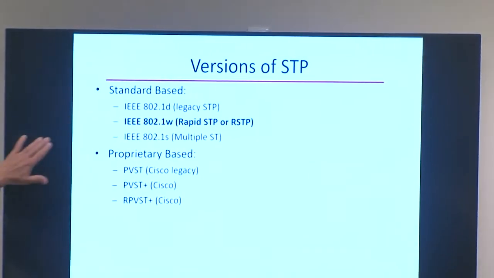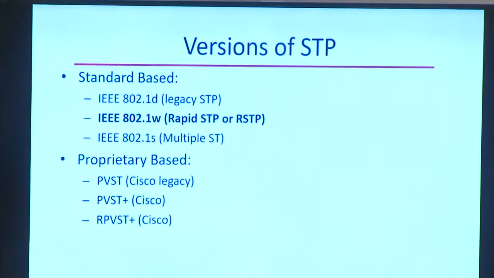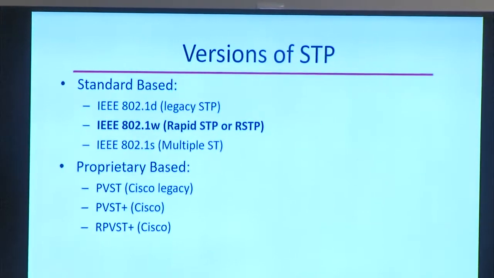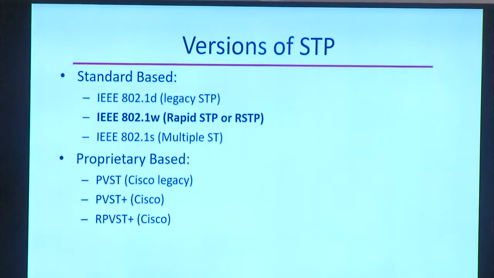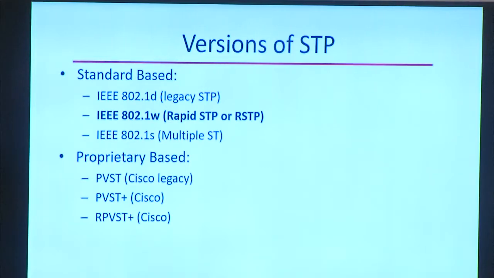There was the original one, of course, often referred to as simply legacy STP. Later developed was rapid spanning tree, or RSTP, which, as the name would signify, is quicker. Well, that's really what the differences primarily are.